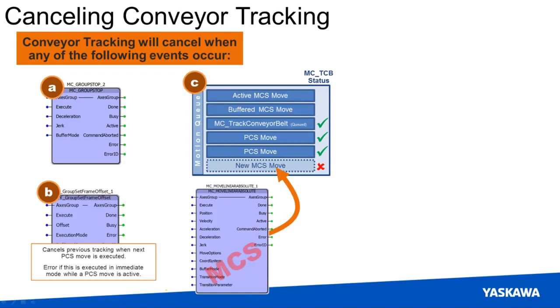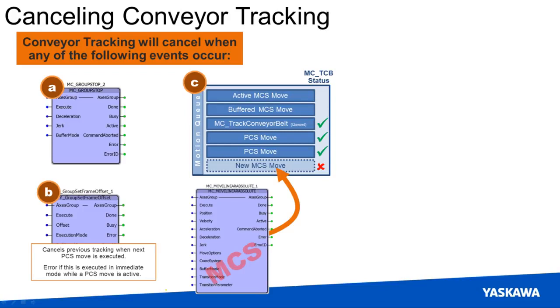As we go down this motion queue, I'm going to complete my 2 MCS moves. I am going to start conveyor tracking, and then my mechanism will be moving along with the x-axis of the conveyor belt. I can do a couple PCS moves, maybe to pick up a part. But as soon as I command a new MCS move, a move in the machine coordinate system, it will break the relationship between the mechanism and the conveyor belt.